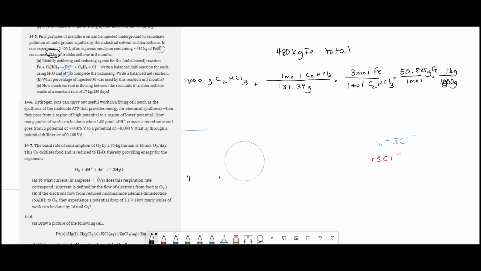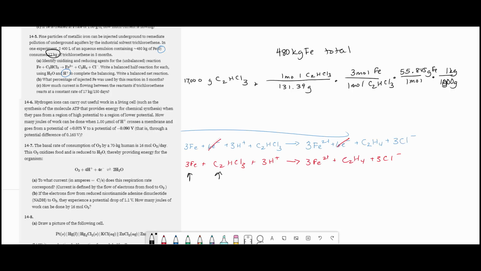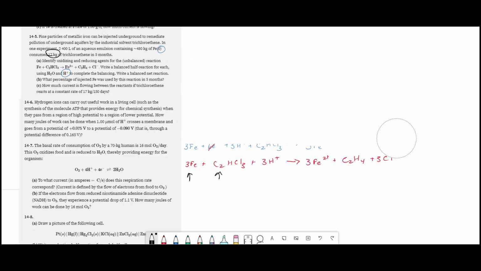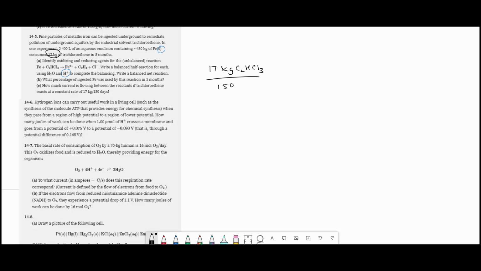And C, how much current is flowing between the reactants if trichloroethene reacts at a constant rate of 17 kilograms per 150 days. Well, I get happy with the eraser, but we'll just recreate it. So how much current is flowing? We have a rate here, and that rate is 17 kilograms of C2HCl3 per 150 days.